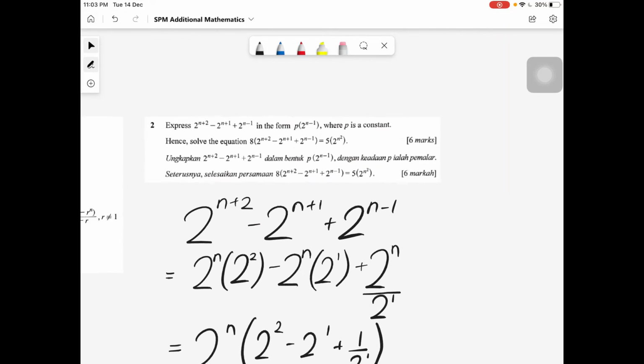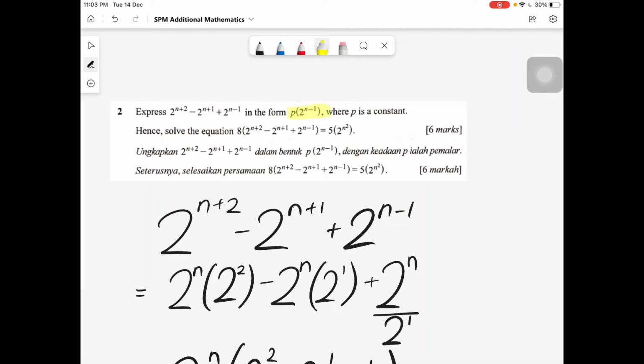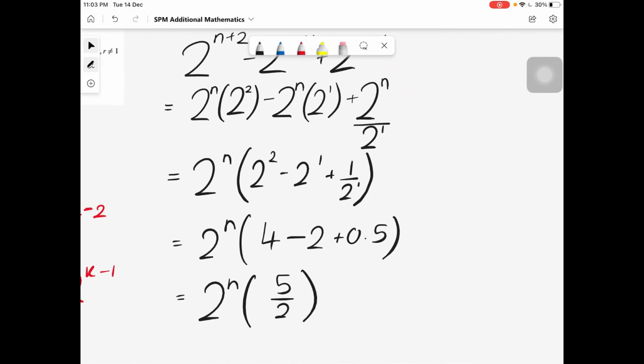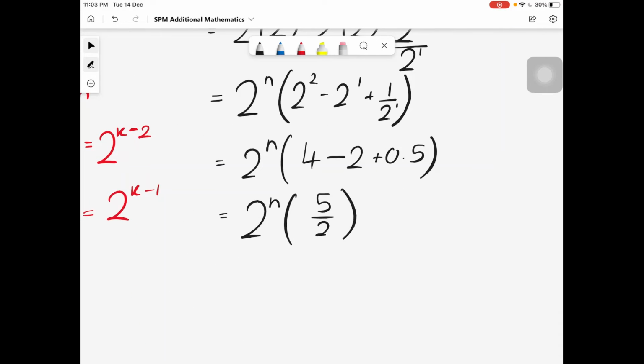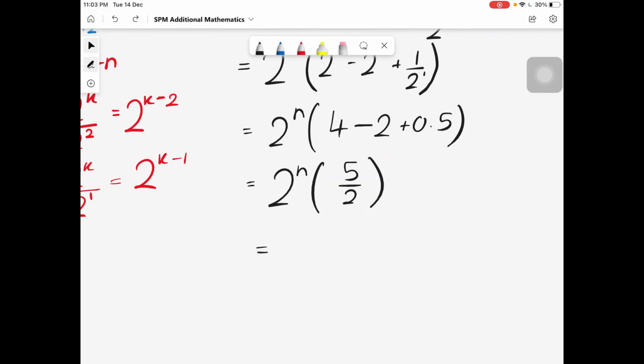Now, our question says that we need to find it in the form p multiplied by 2 power n minus 1, which is a mouthful to say. What if we multiply this out? I want you to see that you will end up with 5 multiplied by 2 power n, divided by 2.